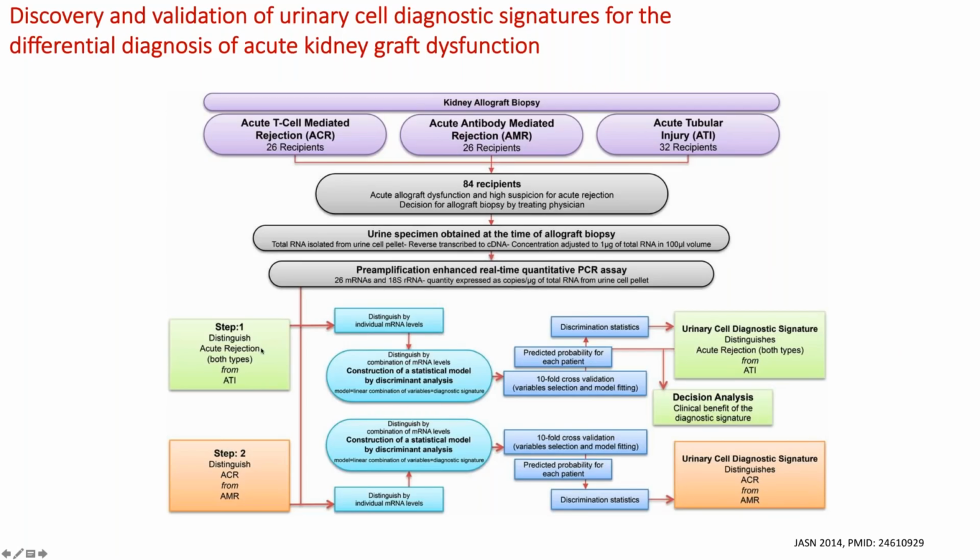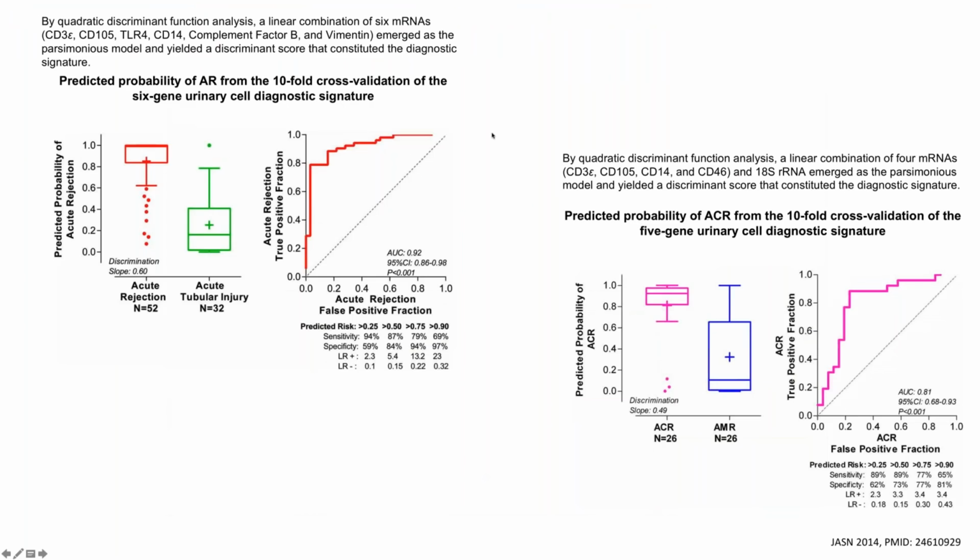Step 1 was to distinguish both these rejections from tubular injury. So when somebody presents with an elevated serum creatinine, by looking at their messenger RNA profiles in the urine, we'll be able to say whether this is a rejection versus ATI. And then, using the same gene expression, we came up with another signature that will distinguish ACR from AMR.